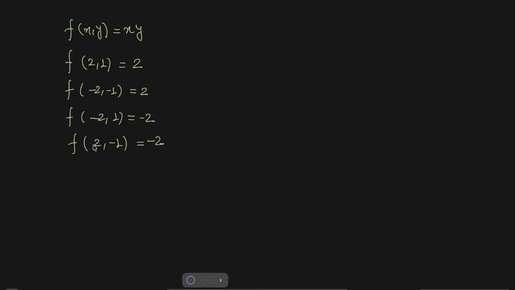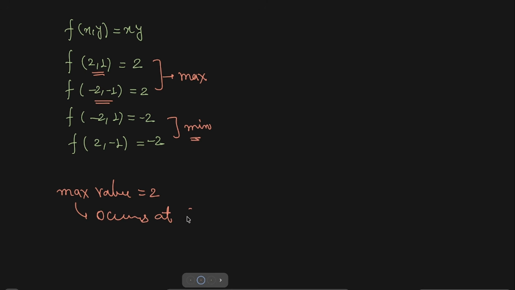What is the maximum value? The 2 is maximum and minus 2 is minimum. So maximum occurs at 2 points. The maximum value is 2 and occurs at 2 comma 1 and minus 2 comma minus 1.